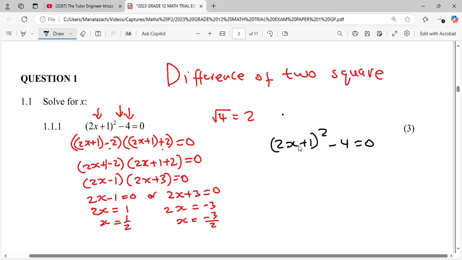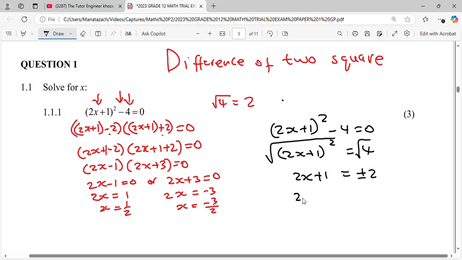Another way, if you're solving for x, is to just take the 4 across to the other side, then it will be plus 4. Then from here on, you introduce the square roots. Remember, what you do on the left, you do on the right. So here, if you introduce a square root, the answer will be plus or minus 2.